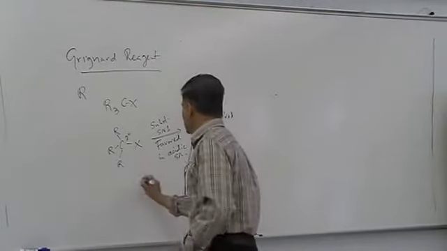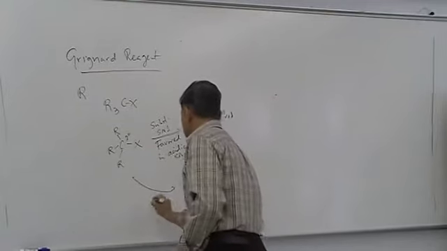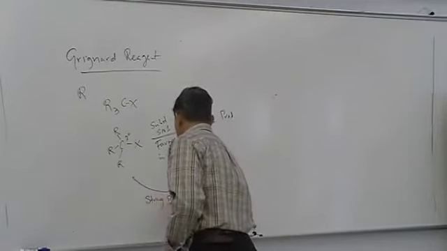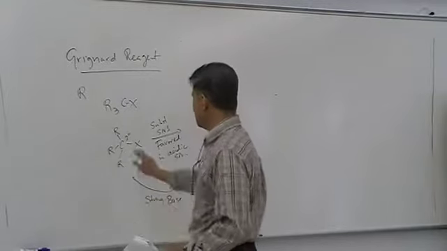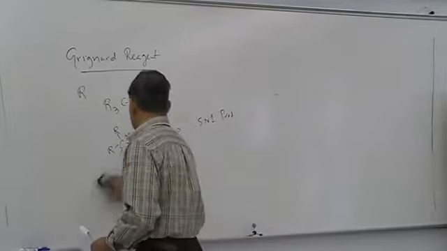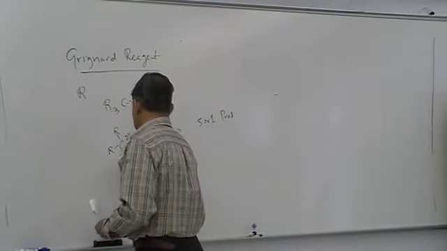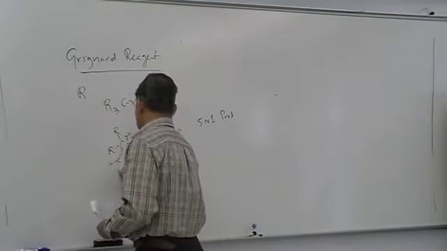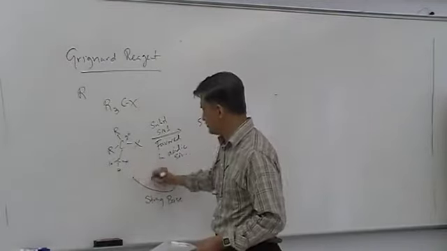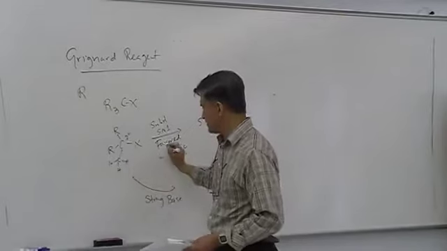On the other hand, if I use a strong base, what is the base going to do? Pick up hydrogen from an alkyl group. Let's change one of these R to CH3 so that you can see what's really happening. A strong base is going to pick up one of these hydrogens, become H2O, this makes a double bond, and X leaves.